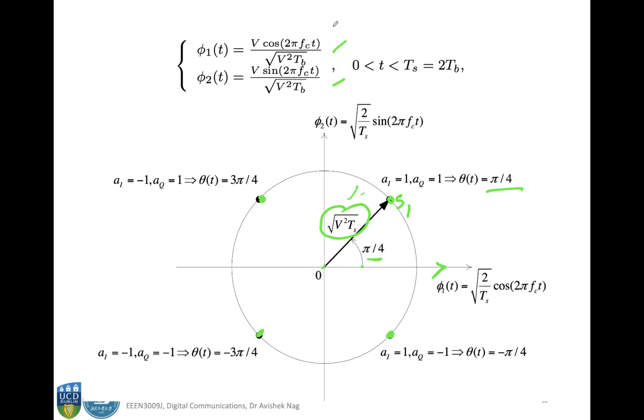So this was the case. So phi 1t was cos and phi 2t was sine.